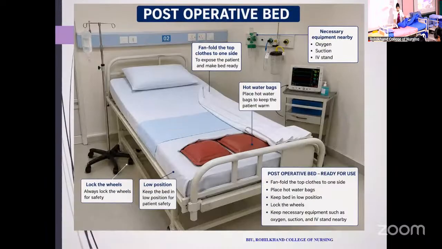So for the post-operative bed, necessary equipment is kept nearby the patient's bedside: oxygen, suction, IV stand. Whenever we receive a patient in post-op, the bed sheet is folded in, the top clothes are fan folded on the side, the top exposes the patient and the bed is made ready. The top sheet is always fan folded close to one side.